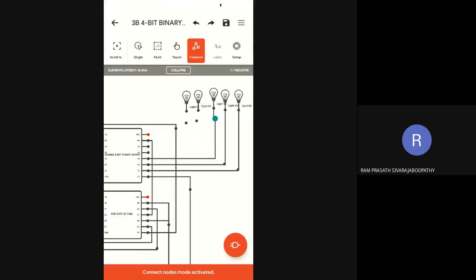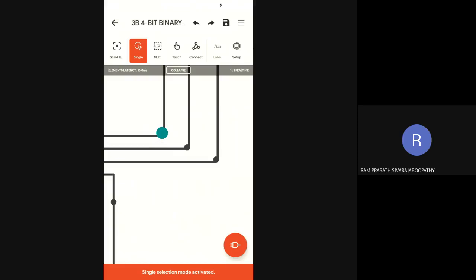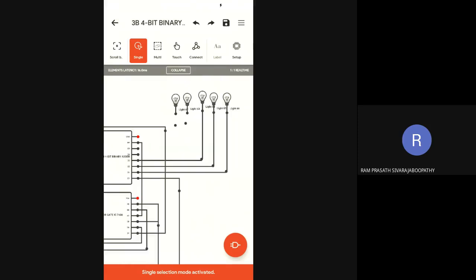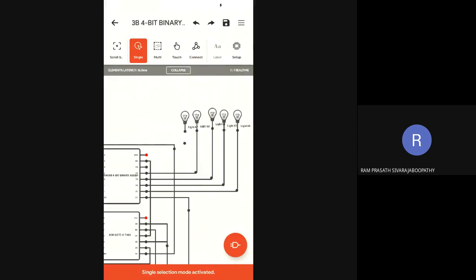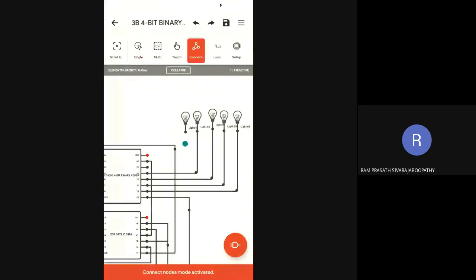That is our S2. So this is our S4. Fine. This final thing is final carrier we have connected.